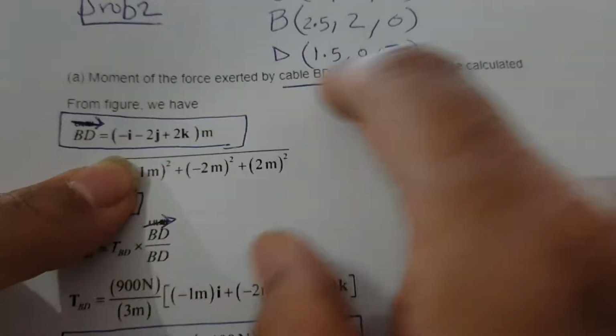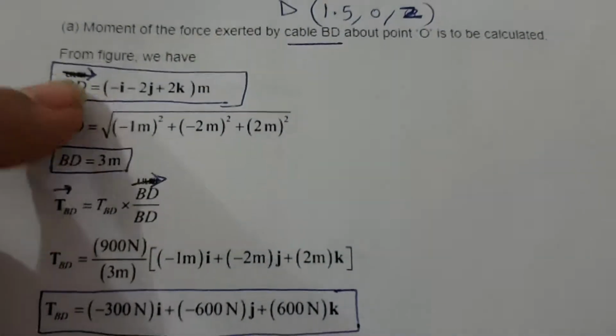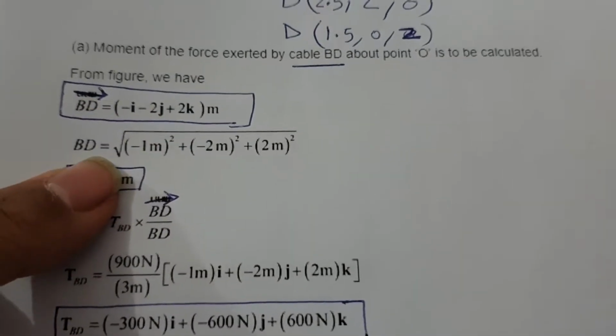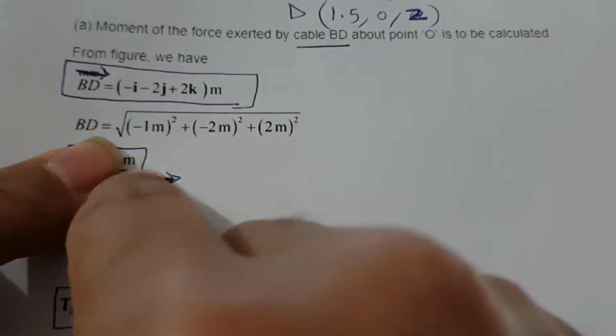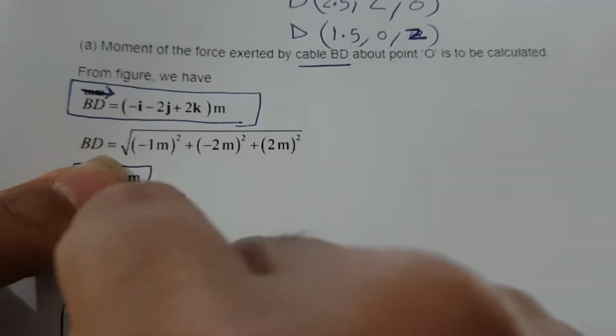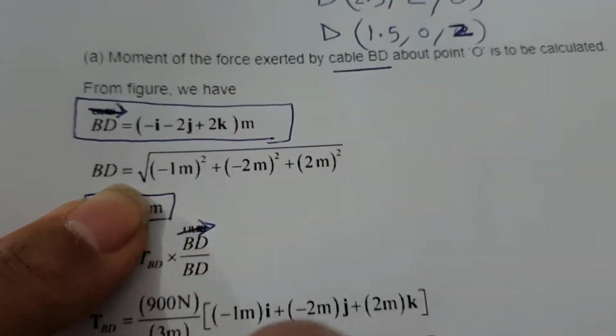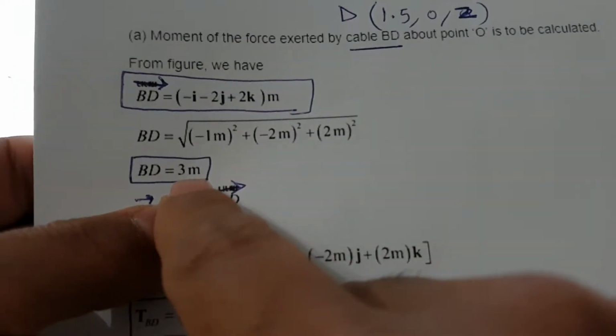The whole thing is in meters. Now, this is the vector. Let's find the magnitude of BD: the square root of minus 1 squared plus minus 2 squared plus 2 squared. BD is equal to 3 meters.